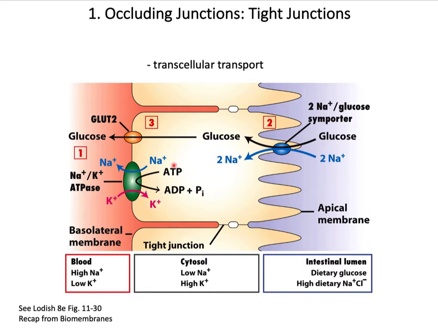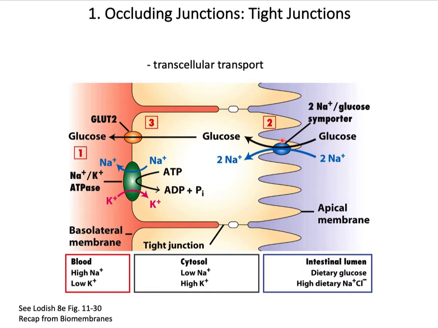Transcellular transport relies specifically on two different transporters in the plasma membrane. The first, labeled as number 2, is a sodium glucose symporter. Remember, this is a coupled transporter, and this symporter can move glucose against its concentration gradient while moving two sodium ions down their concentration gradient.